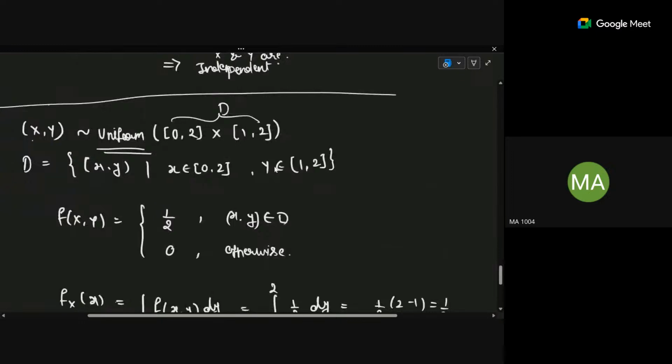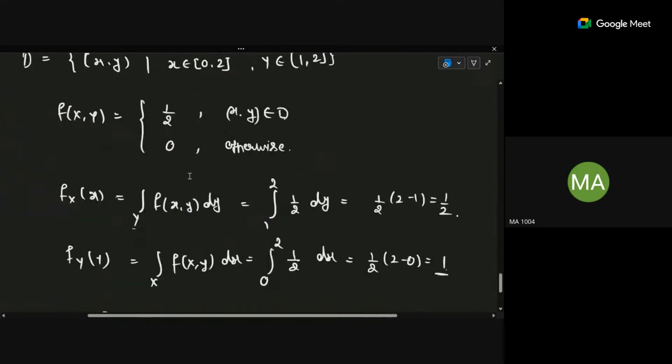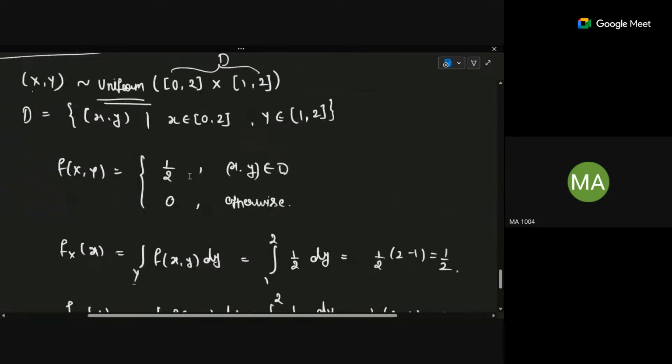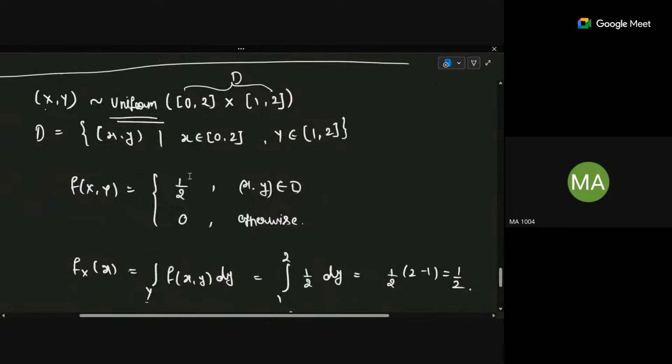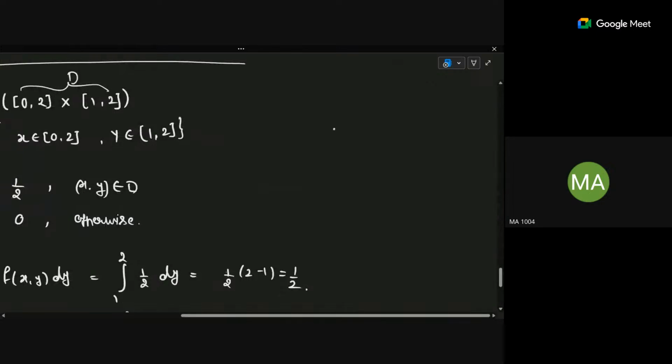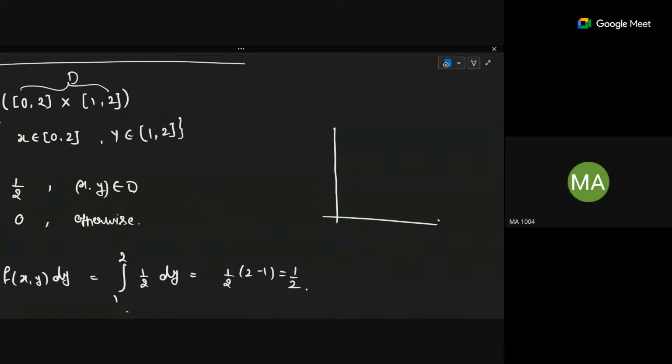Why? Because you know the range of y directly, 1 comma 2, 0 comma 2. Now every time the situation will not be like that. If I switch a question a little bit, at that time you have to look at the graph. Our graph is something like this, right?